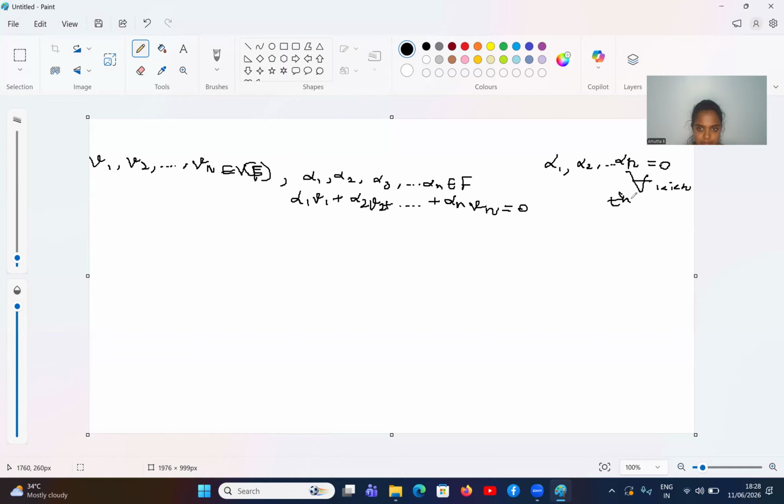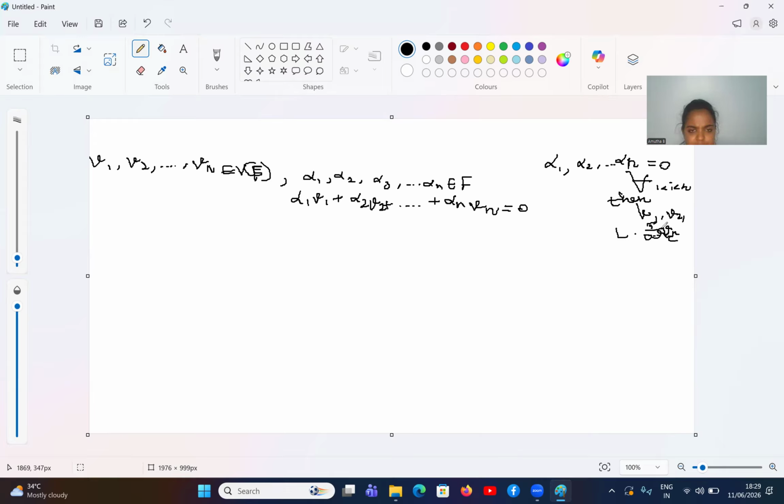Then v1, v2, and so on, vn are linearly independent.